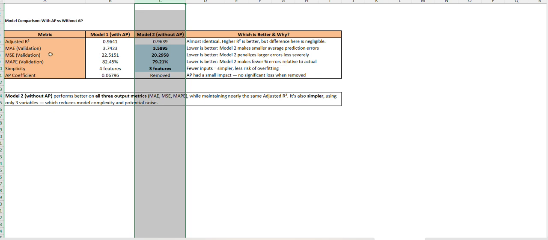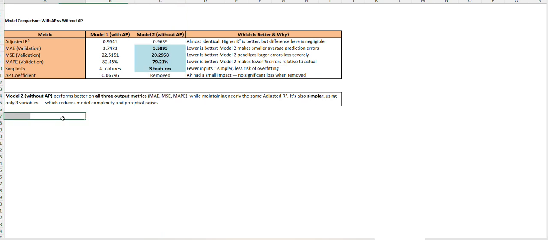So this model 2 without AP, ambient pressure, performs better in all output metrics while maintaining clearly the same adjusted R square, and it is also simpler, using only three variables, which reduces the model capacity and potential noise. That helps us decide that we should be using model 2.